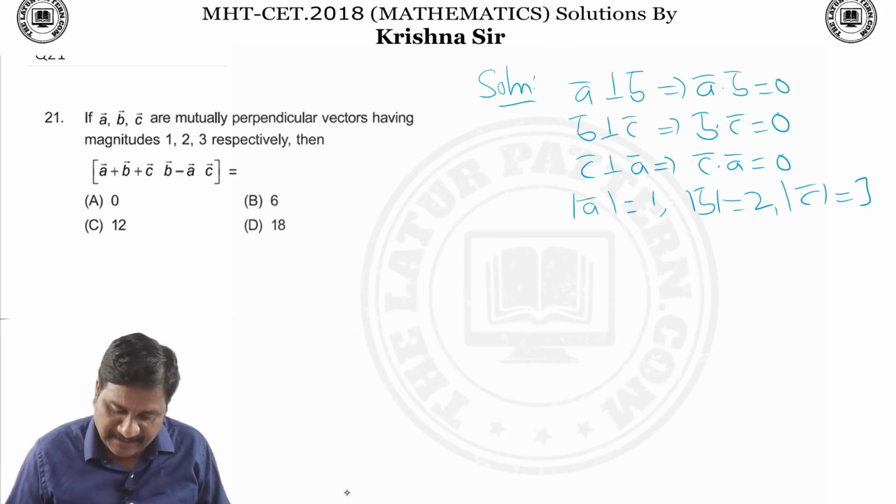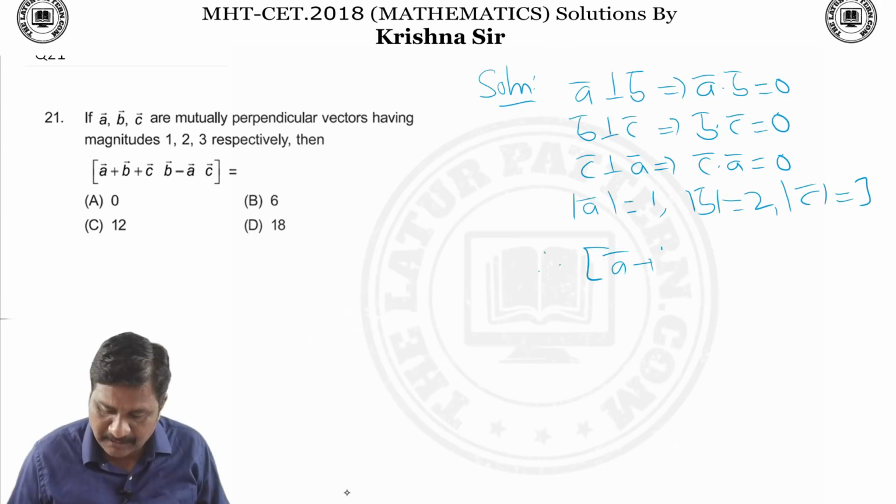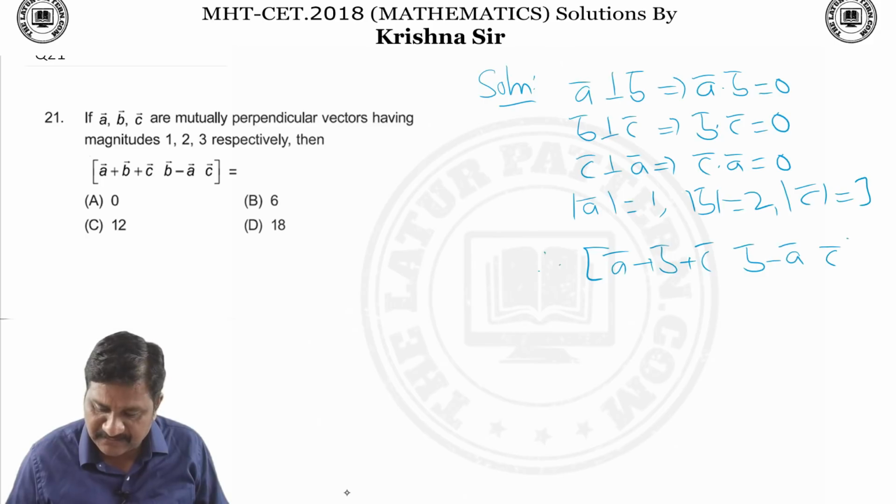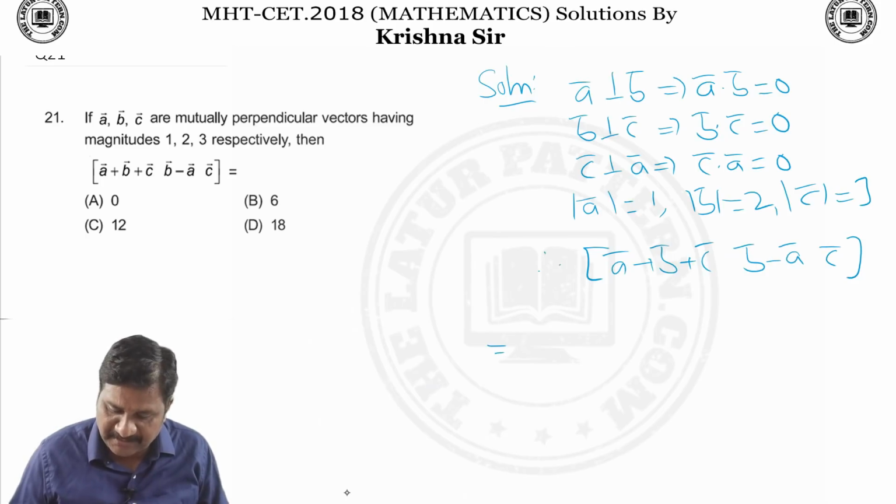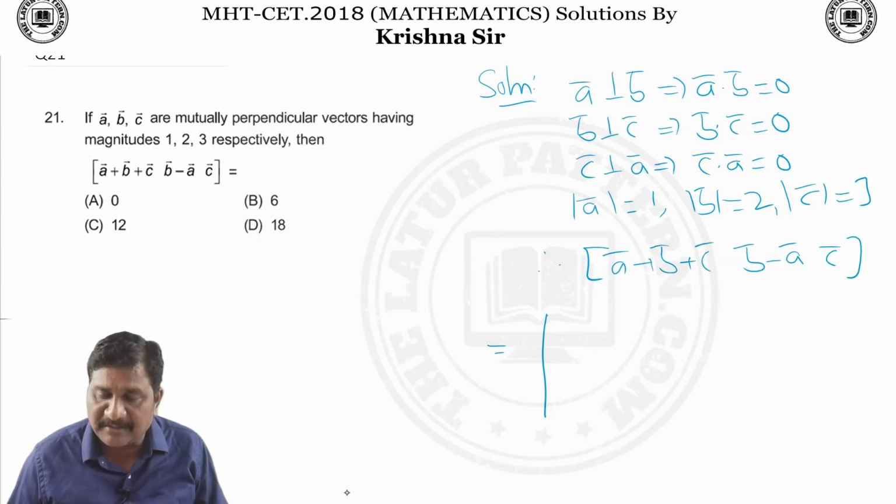So then we find out the box of (A bar plus B bar plus C bar), (B minus A), C. Now this can be taken as the determinant of coefficients. First vector: 1, 1, 1.